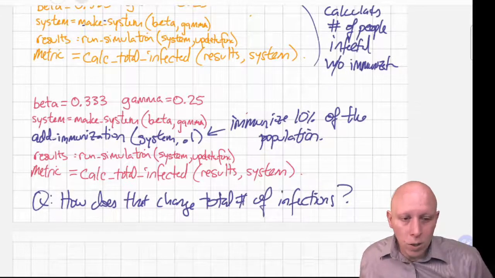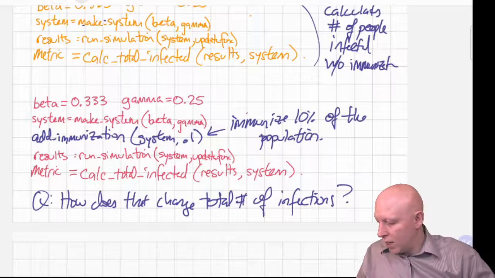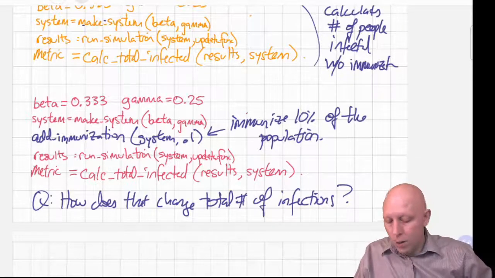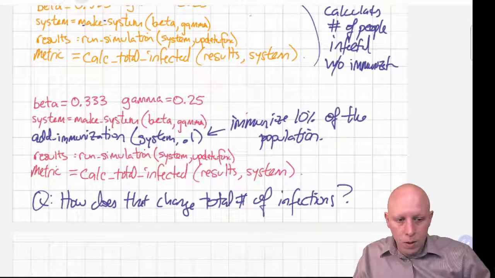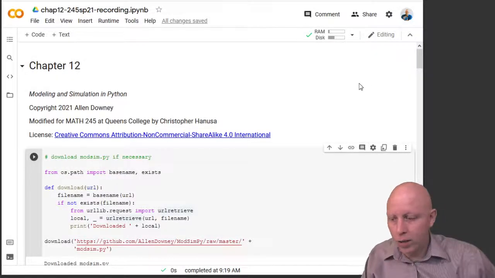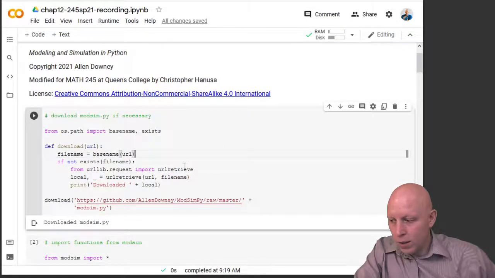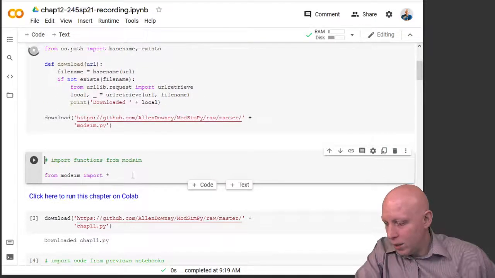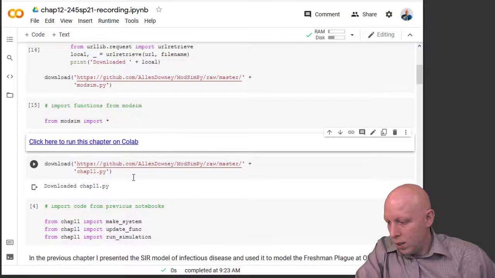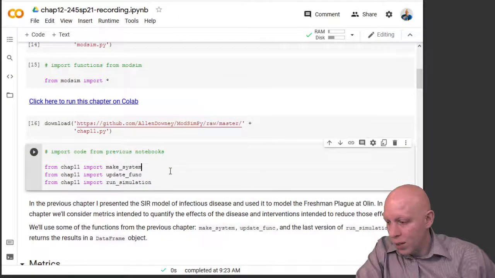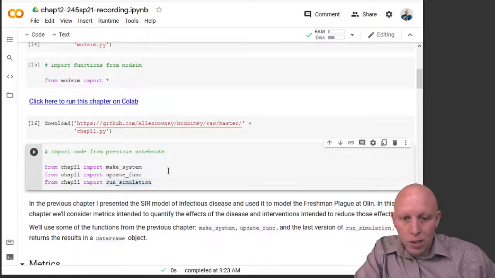All right, so let's go over to Python and calculate that to see how it happens. All right, here we are in Python. We're including everything that we need. ModSim, we're downloading the information from the previous chapter where make system, update function, and run simulation were defined.